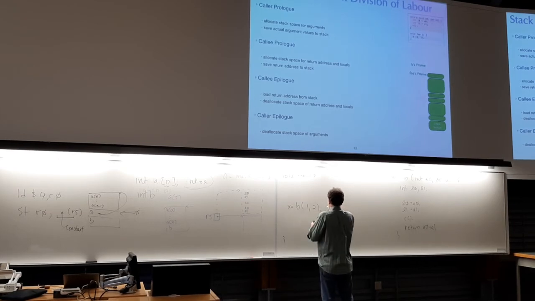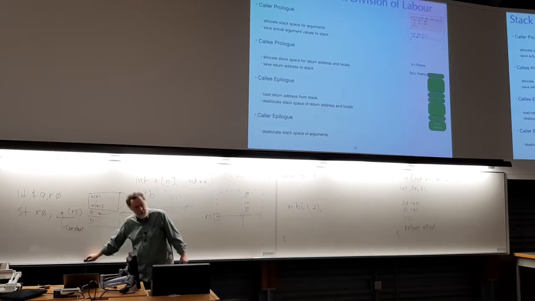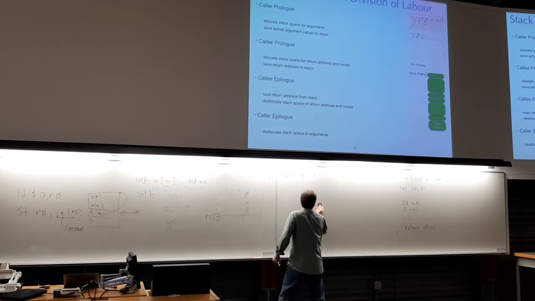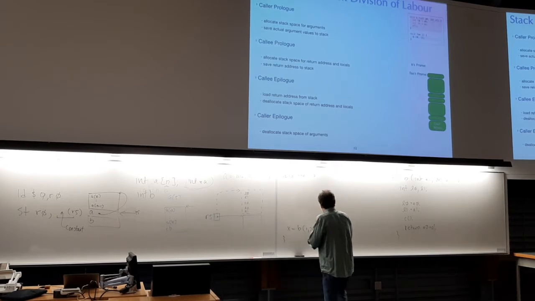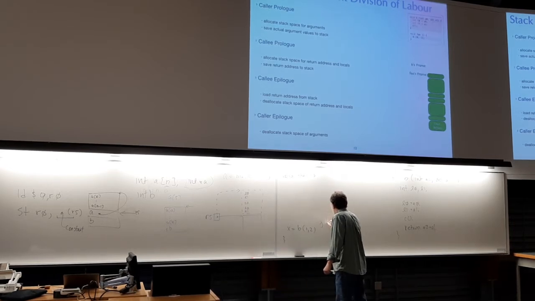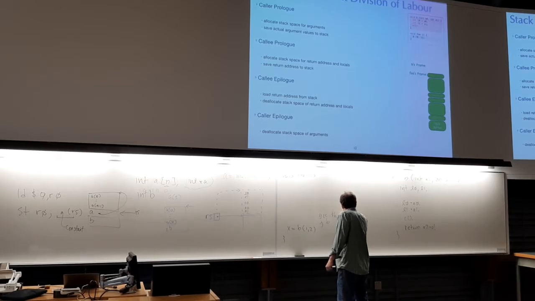Let me just draw out the control flow, which is a jump, to be preceded by getting the return address into R6.